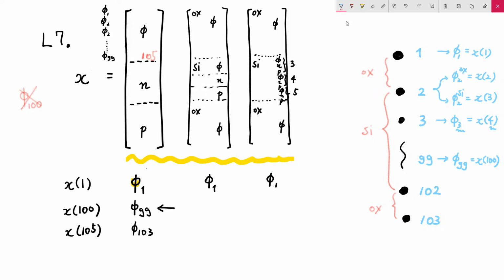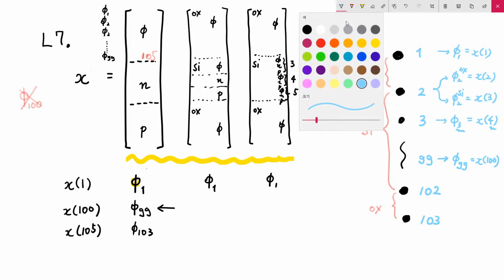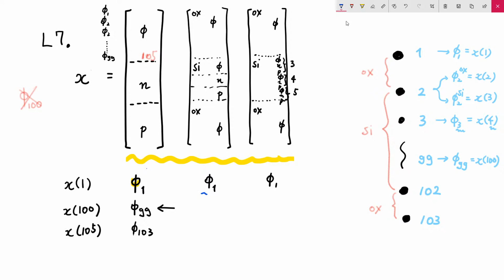In this case, it is still true that we have phi 1. However, now it becomes a little bit more complicated. Let's follow it. x1 will be phi 1, x2 will be phi 2 in the oxide region.